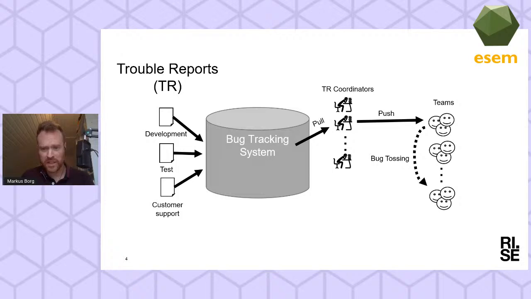Sometimes they are reassigned, the phenomenon we know as bug tossing. The tool, TRR, can be seen as a plugin that contains a machine learning model that predicts which team should resolve an incoming bug report. If the prediction has a confidence level above a certain threshold, the bug is then automatically pushed to a team.